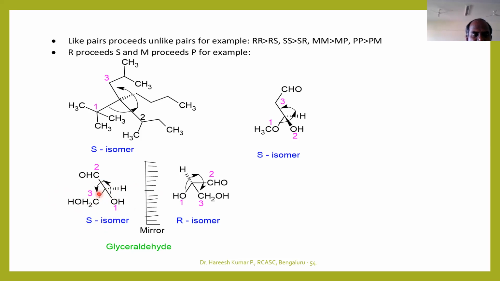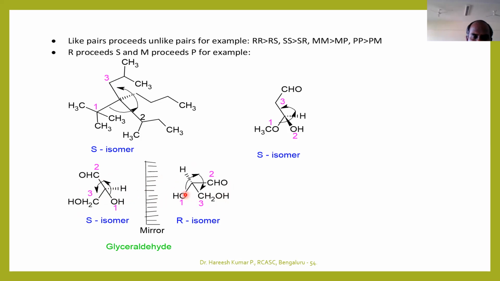Now if we look into the other isomer, what is the mirror image of this one? Okay, so the mirror image of this one should be: this H is here, this OH is here, CH2OH is here.